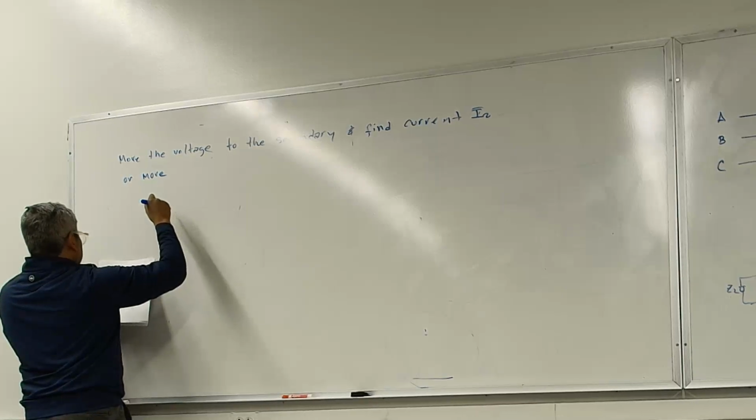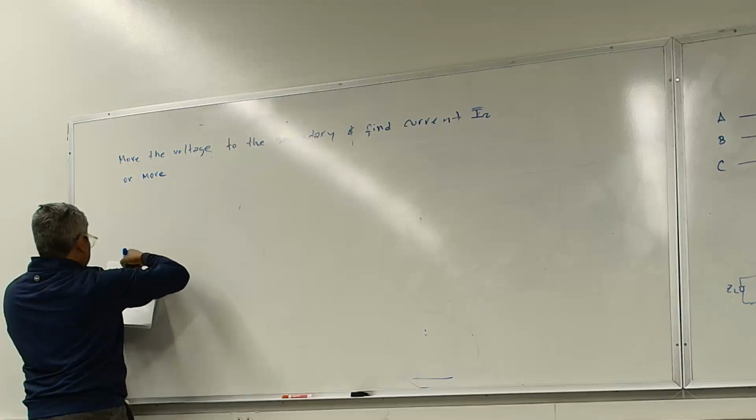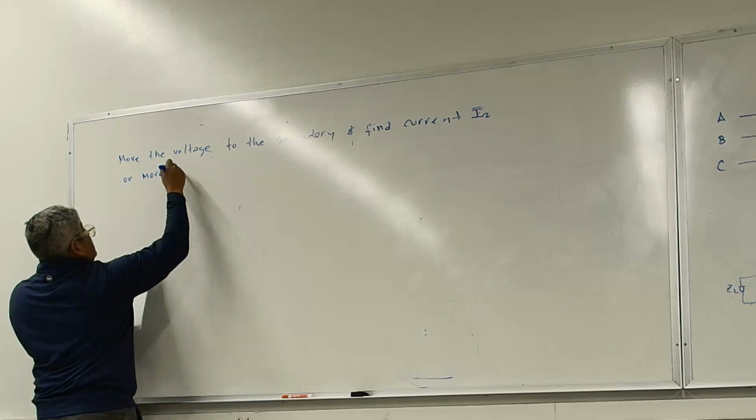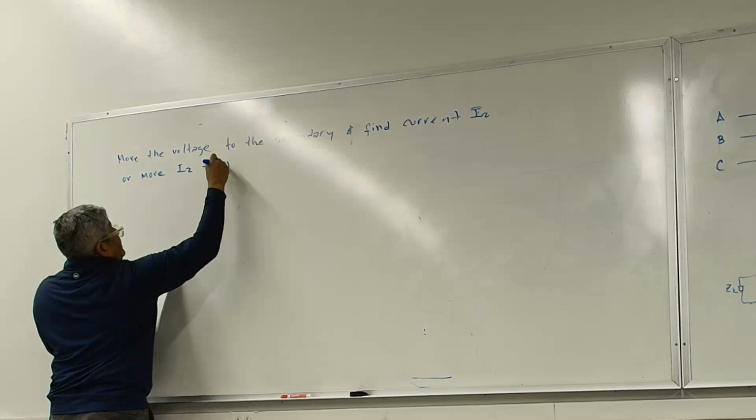Let me see: move the voltage to the secondary and find current I2, and once you find I2, move current I2 to the primary.